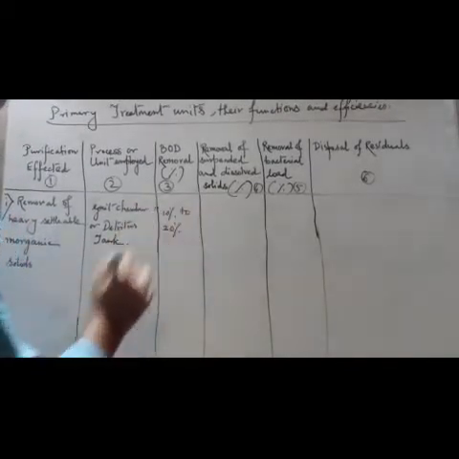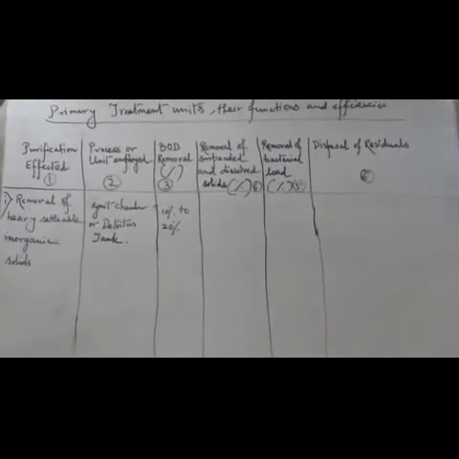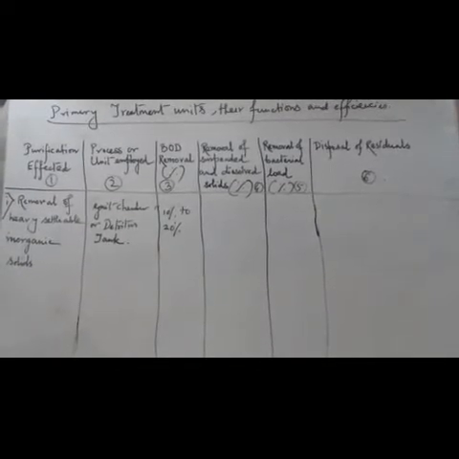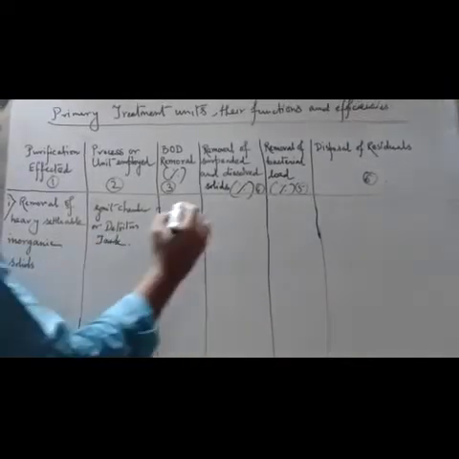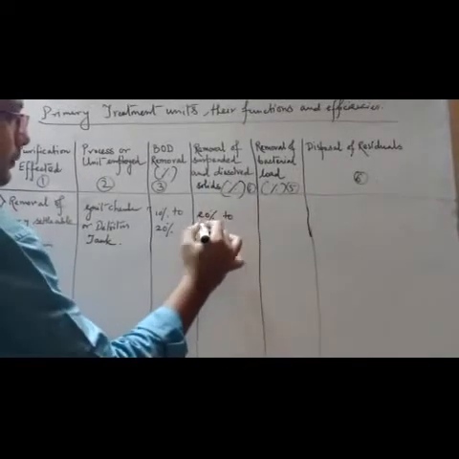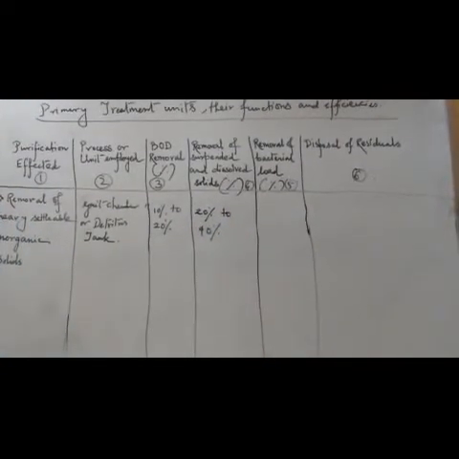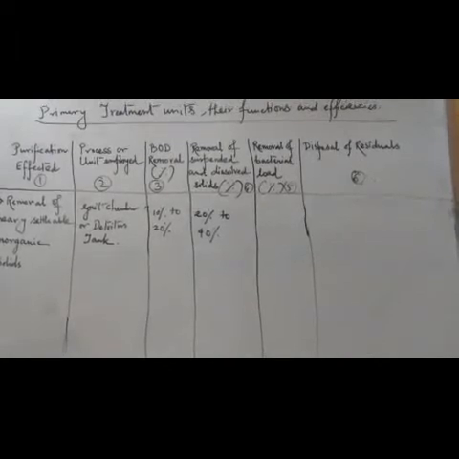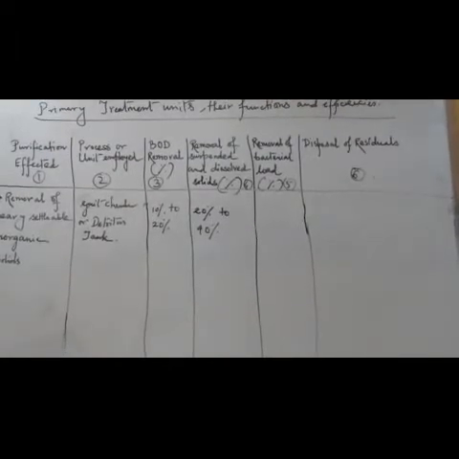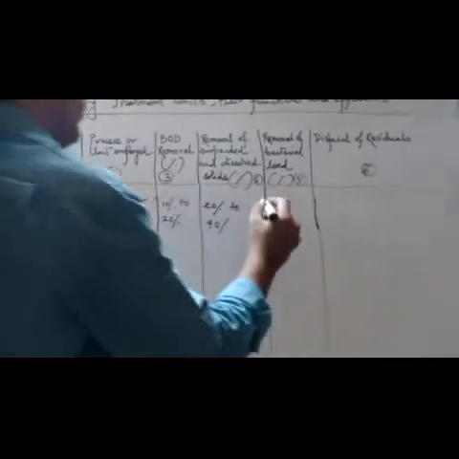The amount of suspended or dissolved solids that can be removed is 20% to 40%. And the bacterial load that can be removed is 10% to 20%.